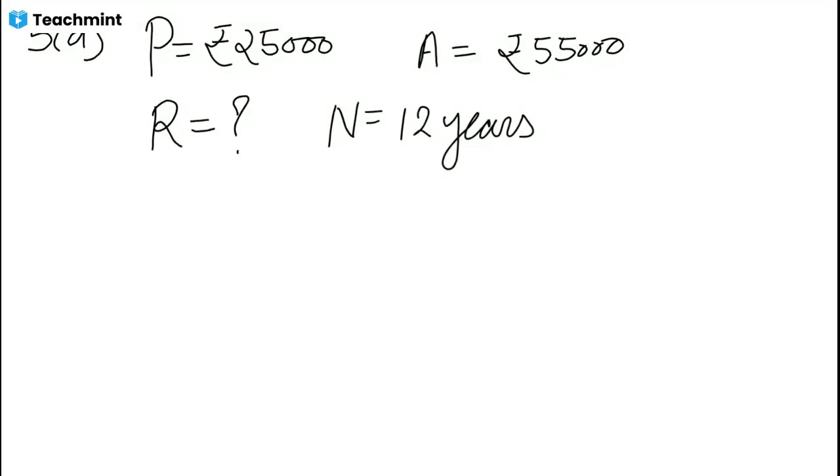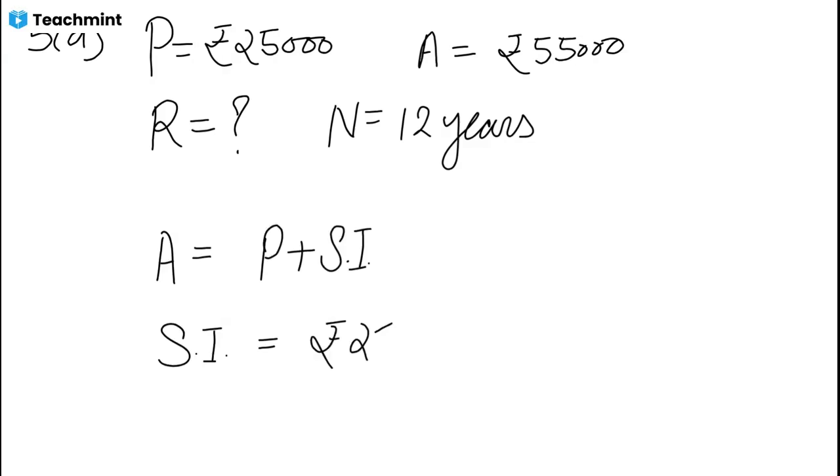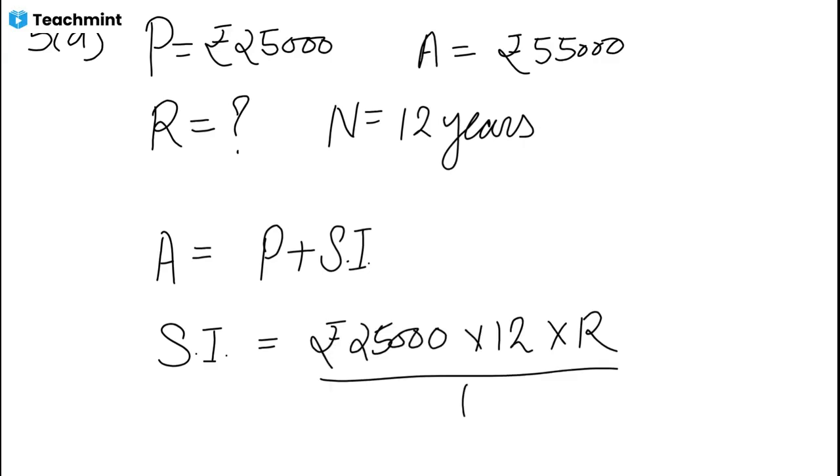So amount A is P plus SI. Let us first find SI. R is unknown, we'll find it. SI is P, rupees 25,000, into N, 12, into R over 100.